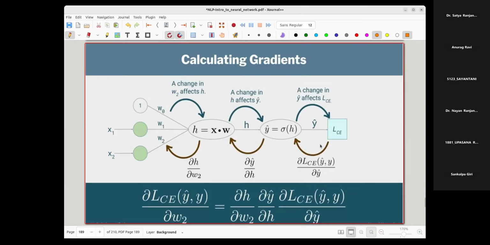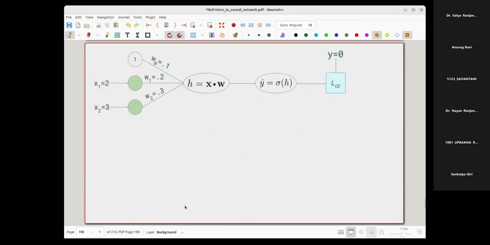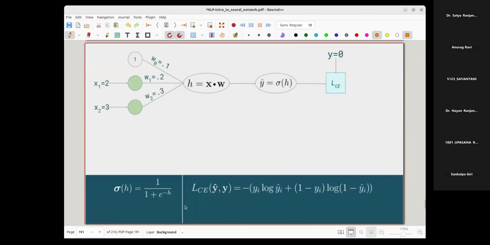This is nothing but the chain rule of derivatives. So finally I need the partial derivative of the loss function with respect to W2, which goes through these three steps. So we have to calculate these derivatives and multiply them, then we'll get the final partial derivative with respect to W2. Okay, let's put it here.